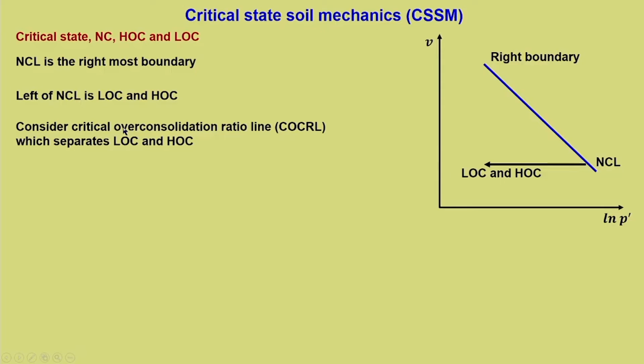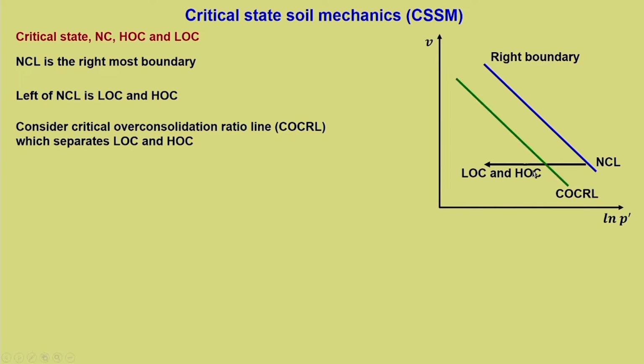So, where should we draw a line that separates the normally consolidated or lightly over consolidated from the heavily over consolidated? That is given by the critical over consolidation ratio line. The over consolidation ratio helps us understand the degree of over consolidation the soil is subjected to.